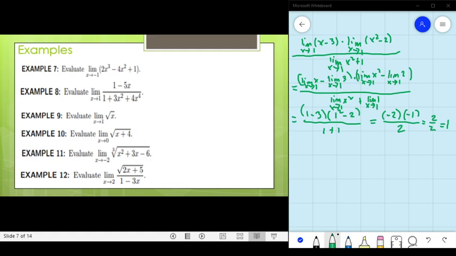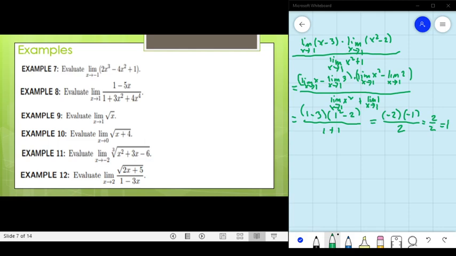Notice that if we analyze the first 6 examples, the process is quite similar: we can shortcut by directly replacing the values of x and then simplifying. That is, the limit of f of x as x approaches c is similar to f of c. So we can just shortcut our evaluation.